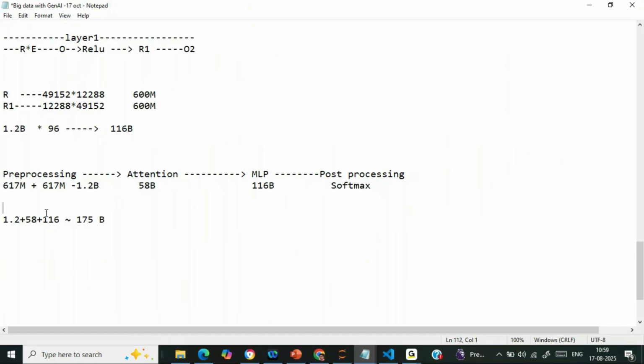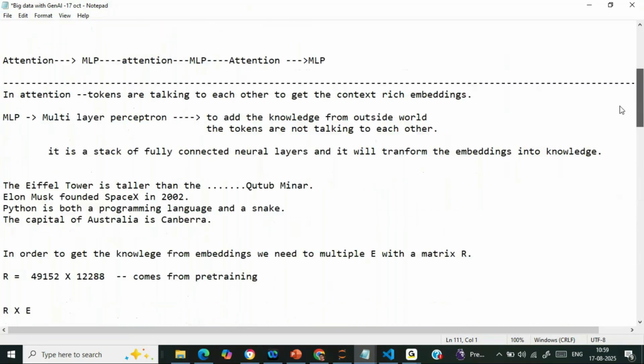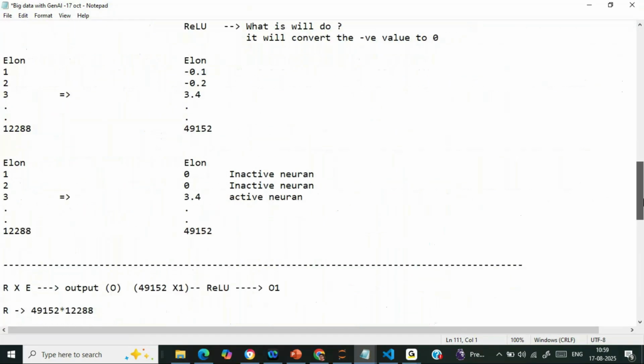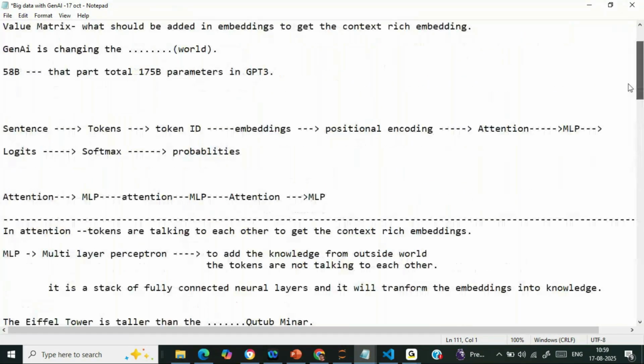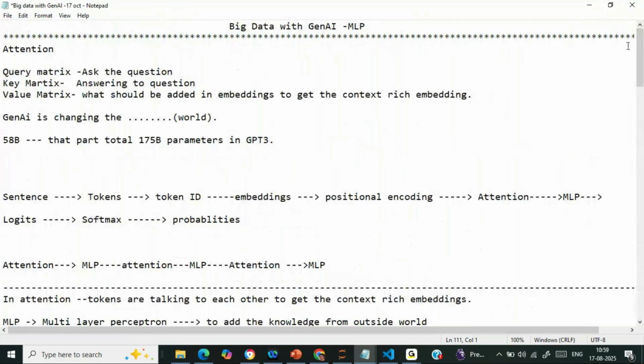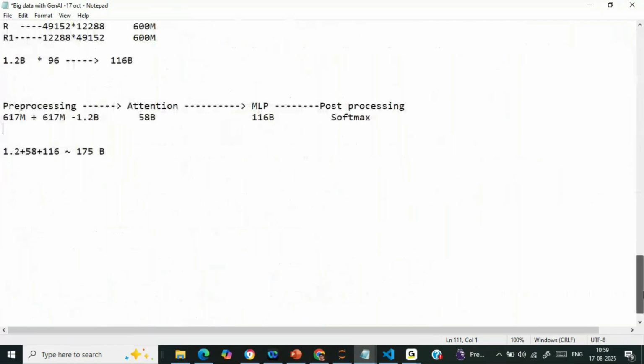So this many parameters are there inside the GPT-3 model, and this is how the calculations happen. Now, pre-processing is contributing this much of parameters. The attention mechanism is contributing this much. The MLP layer is 116 billion, and in the post processing we are moving with the softmax and all, okay. So in total we are having 175 billion parameters now.